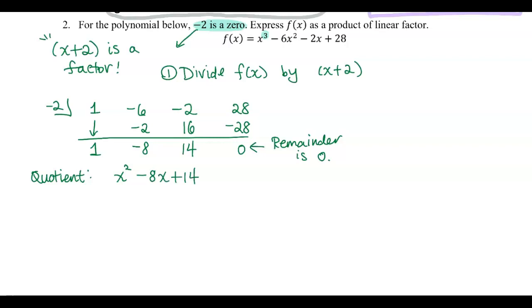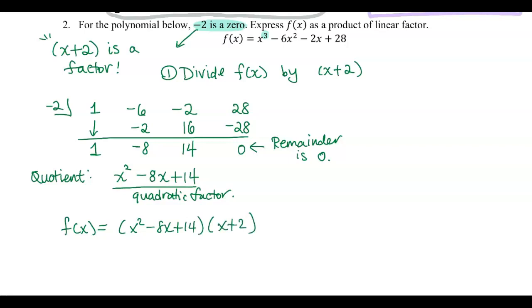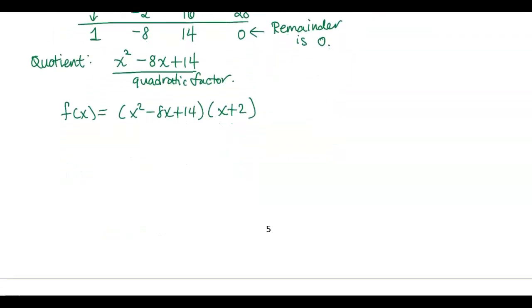And this is a quadratic factor. So what we got so far is we were able to break down f of x as x squared minus 8x plus 14 and x plus 2. So it depends. From this point on, we need to see if this x squared minus 8x plus 14 is factorable. If it is factorable, it's going to be super easy. So is x squared minus 8x plus 14 factorable?